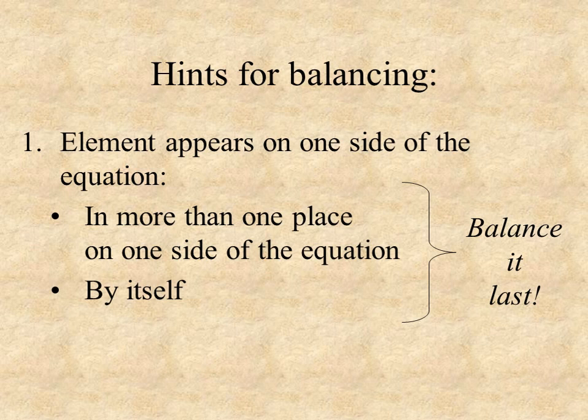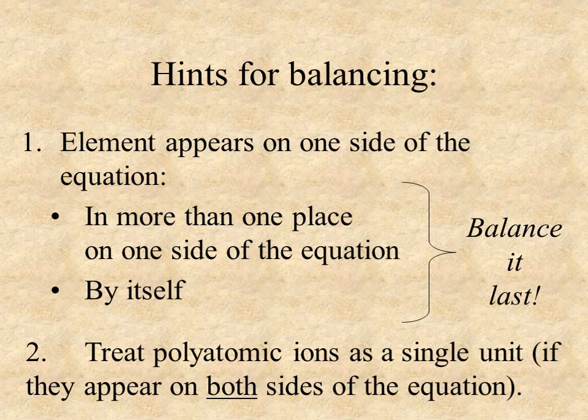And that can get a little tricky when you're dealing with multiple sources of the same element. The other reason is, if it's by itself and you leave it for the end, it's kind of like sweeping up the pieces. If you get everything balanced except that one element, then whatever coefficient you stick in front of the formula of the element by itself only affects that element, and you're able to finish out the balancing nicely and neatly.